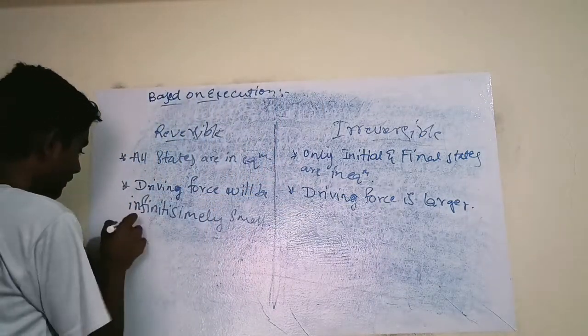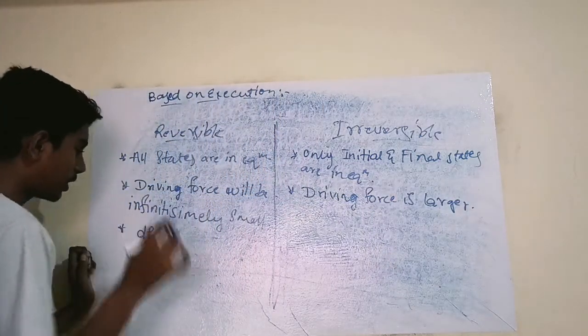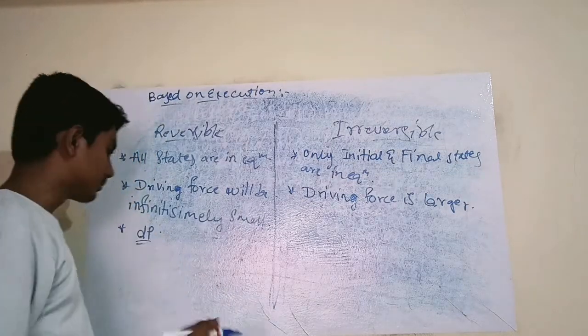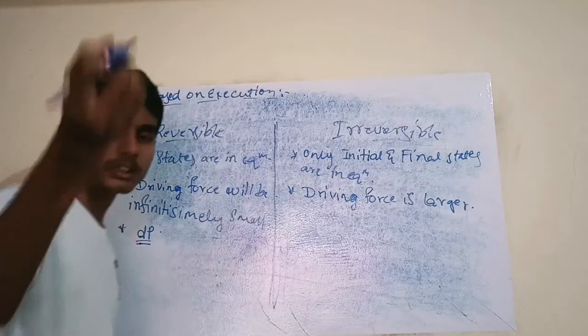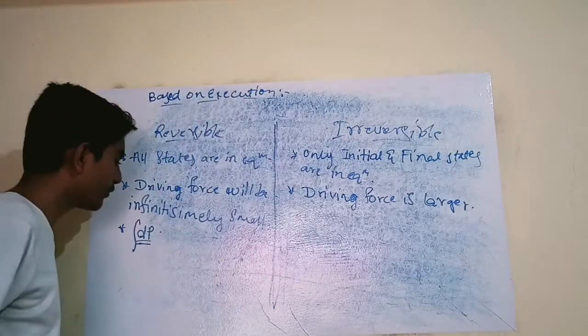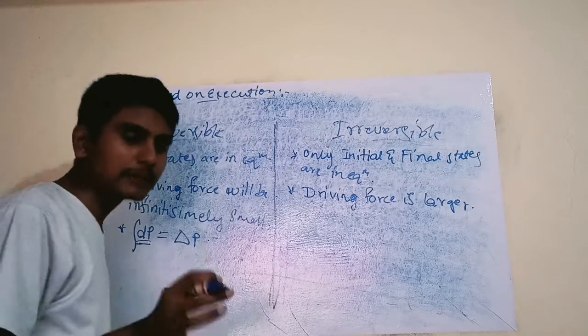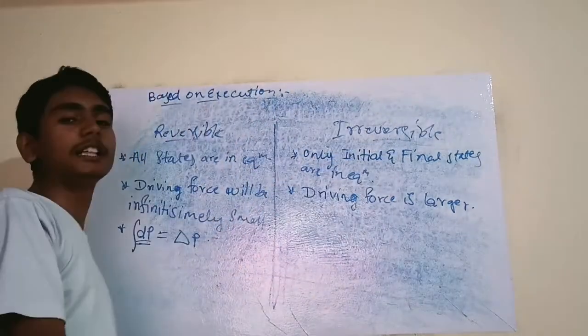Here dP, the small change in pressure, you can define the small changes, all small changes. The integration of all the changes gives you the total change in a state function.